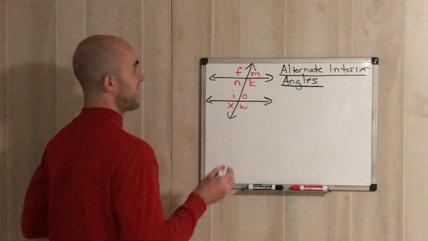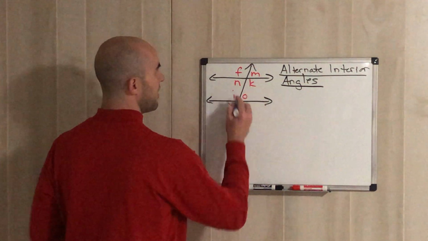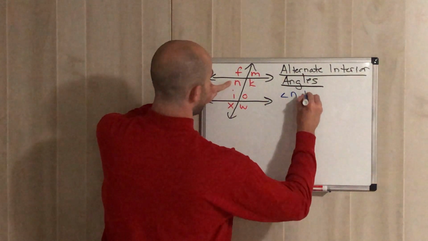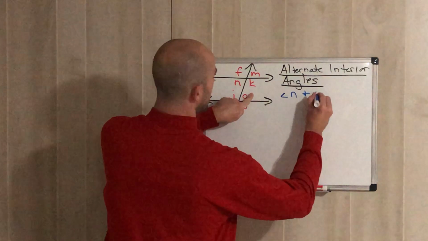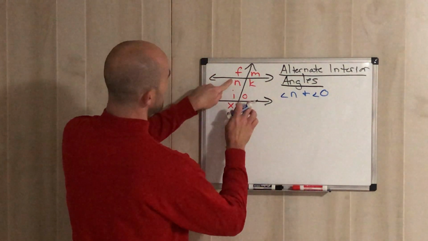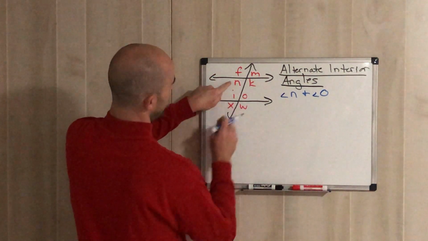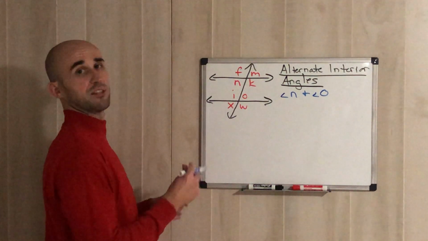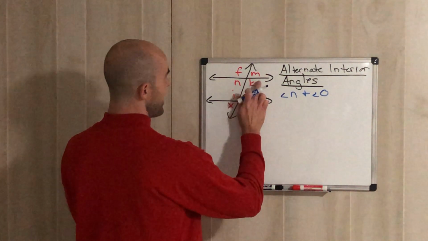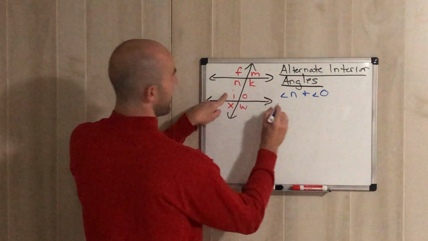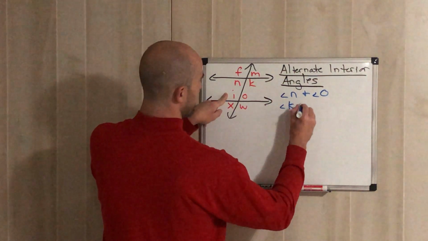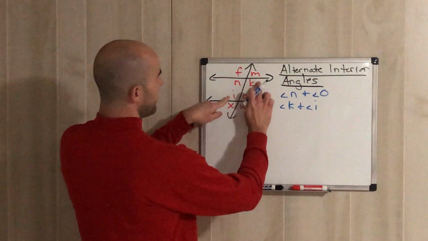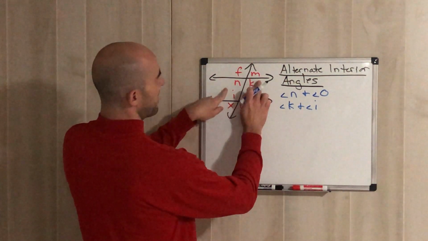So if we're thinking of all the angles that are inside, the alternate interior of N is going to be O. N and O are on different sides, one on the left, one on the right, and they're both inside. The other alternate interior pair is K and I, for the same reason: K is on the right, I is on the left, and they're both inside.